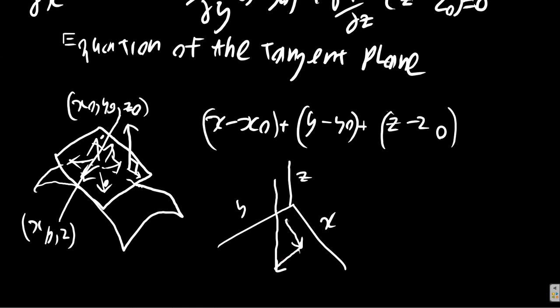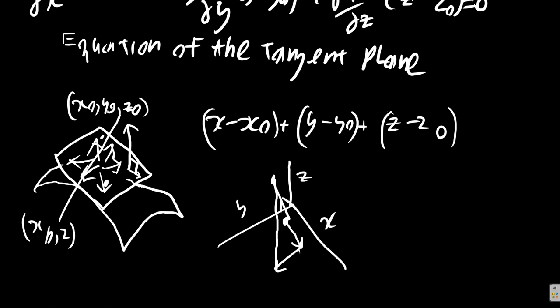So in this case, if this is your x0, y0, z0, and this is your point, x, y, and z can be any point.